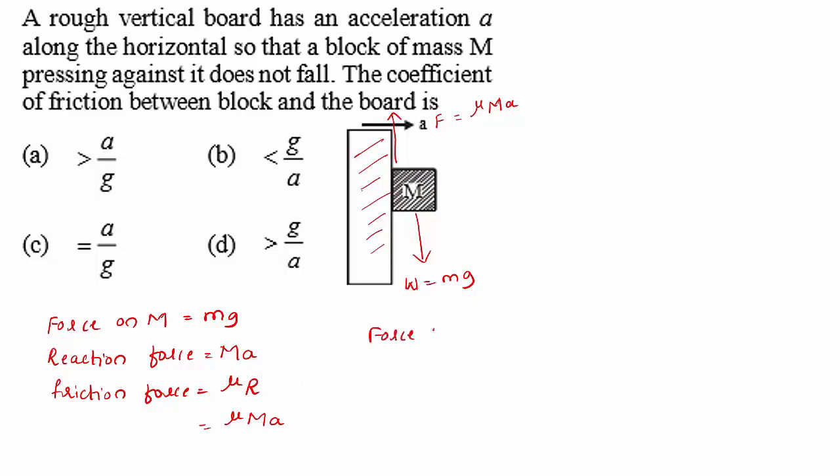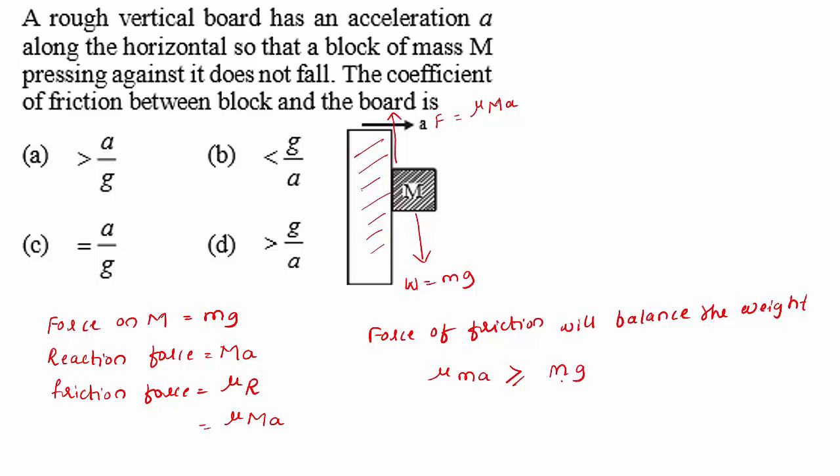Now the force of friction will balance the weight of the block. When it balances the weight, that means it should be equal or greater than these values. That means the frictional force mu into ma should be greater than or equal to the weight, that is mg.